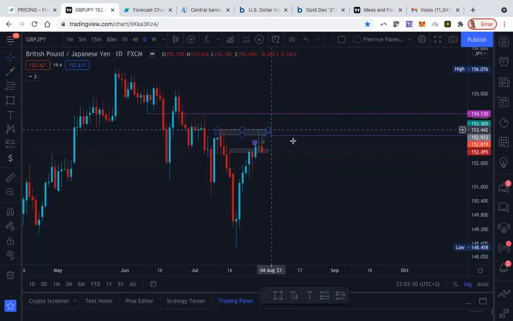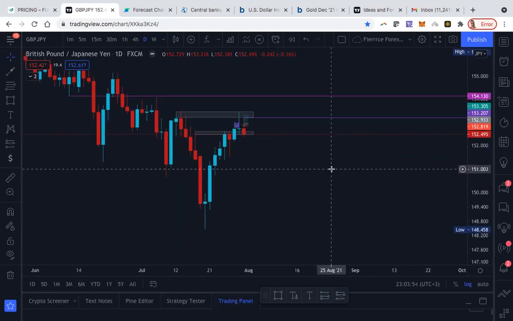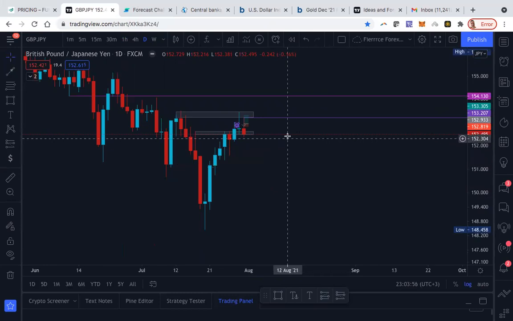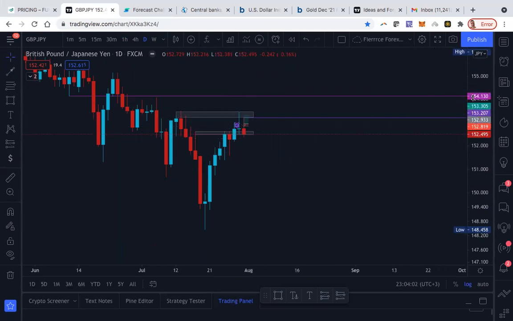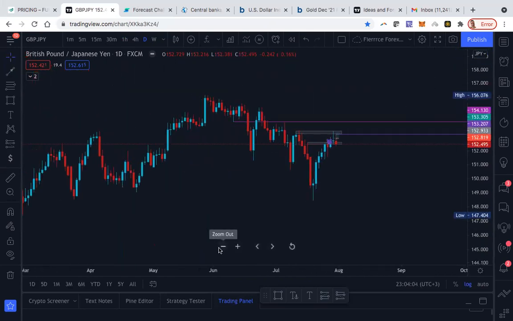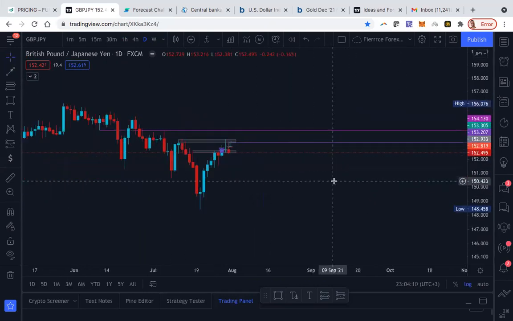Let me look at GBP JPY, our last pair for the night. Nice rejection up here in the daily. This swing high is interesting. GJ has also been on this downtrend kind of move.